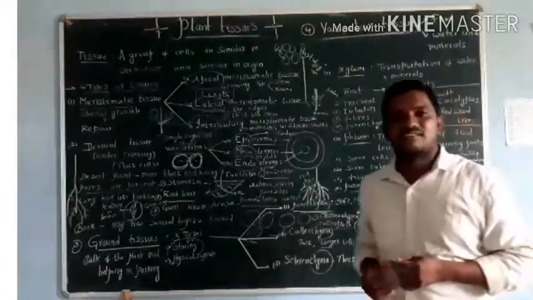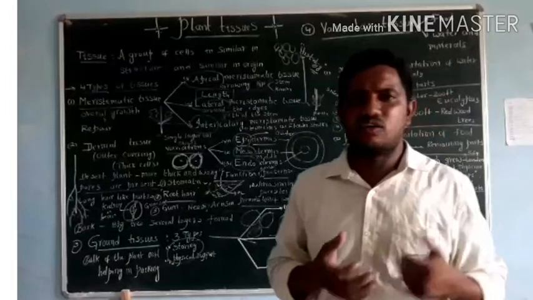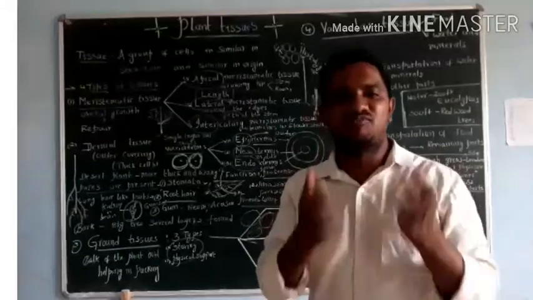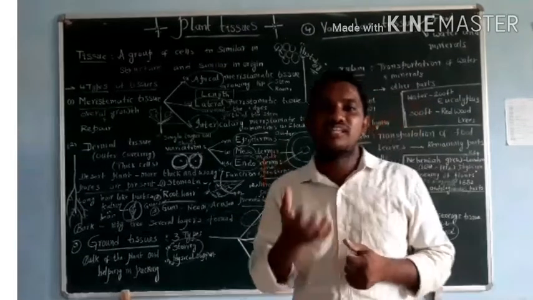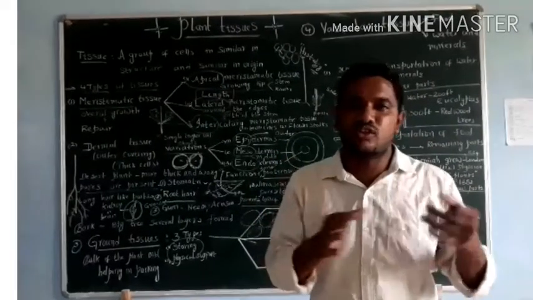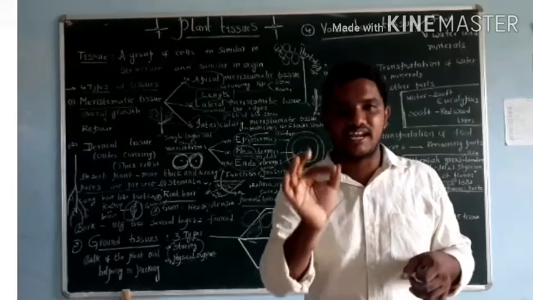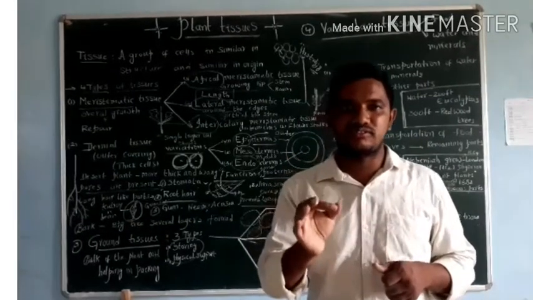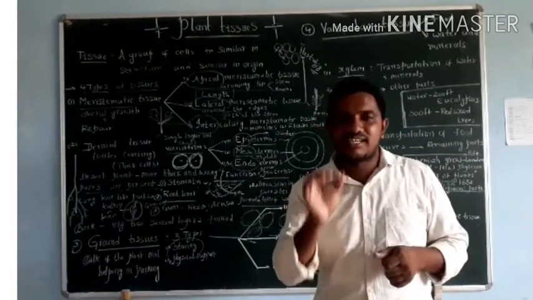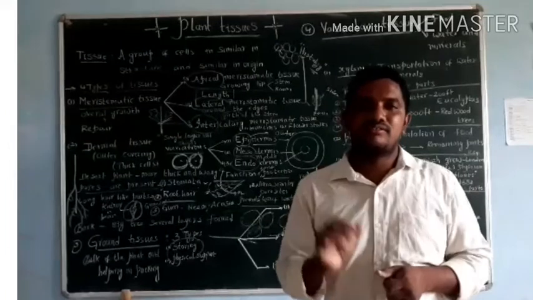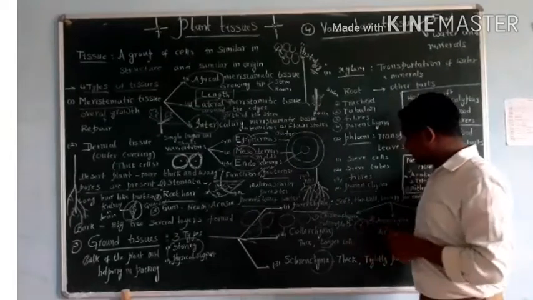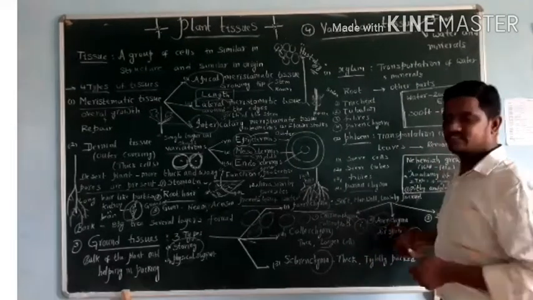Aquatic plants float on the water because their cells contain air spaces filled with air, so they can float easily. The application question: why do aquatic plants float on the water? Because they contain aerenchyma, which has air spaces.